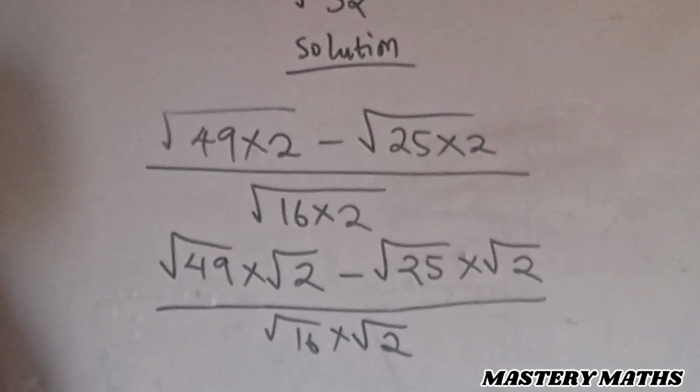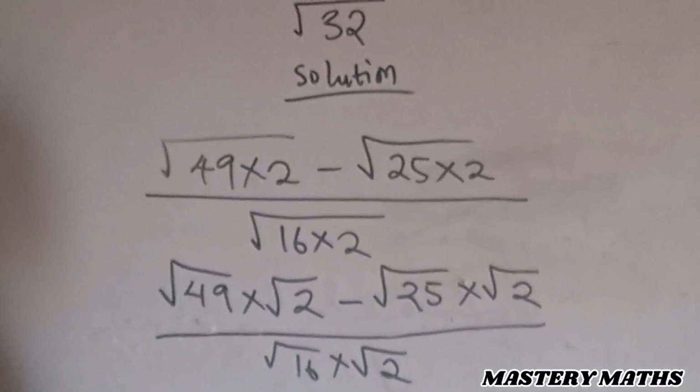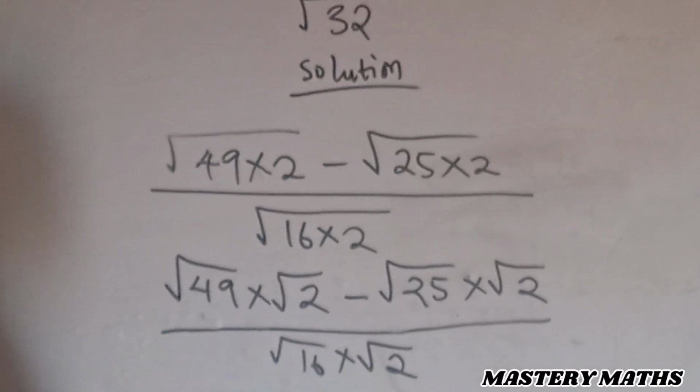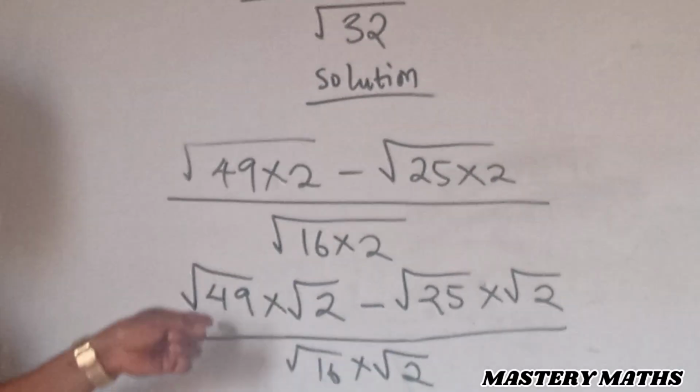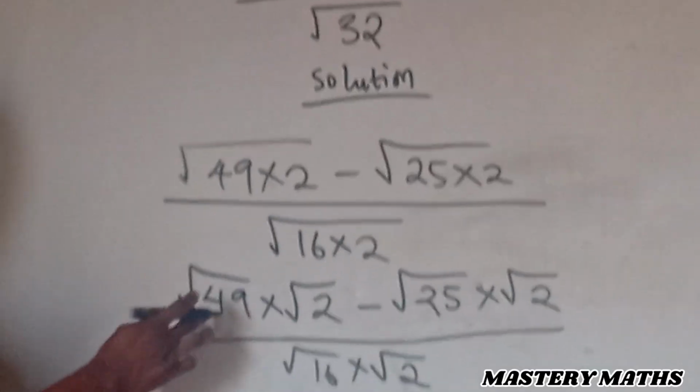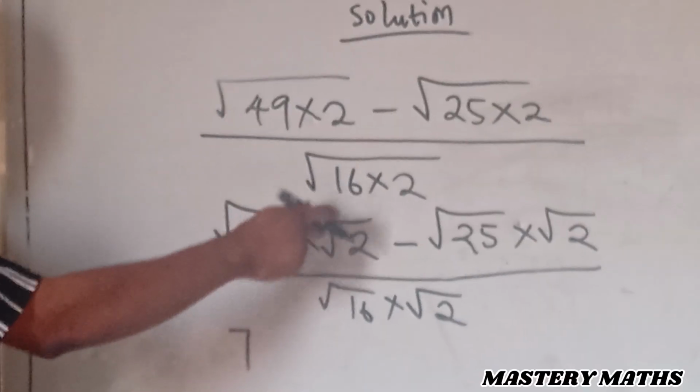So after separating them, now you ask yourself, what is the square root of 49? The square root of 49 is 7. 7 times 7 is 49. Then you have your root 2. There is a 1 here.